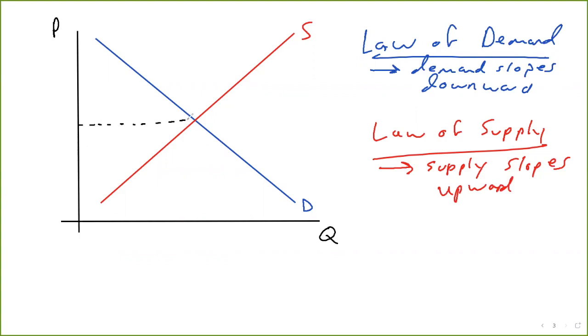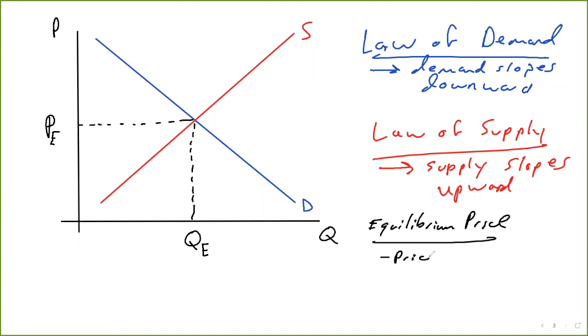And supply and demand interact in the market to find the equilibrium price. To recap, the equilibrium price is the price where the quantity supplied equals the quantity demanded. And the equilibrium price is self-adjusting.